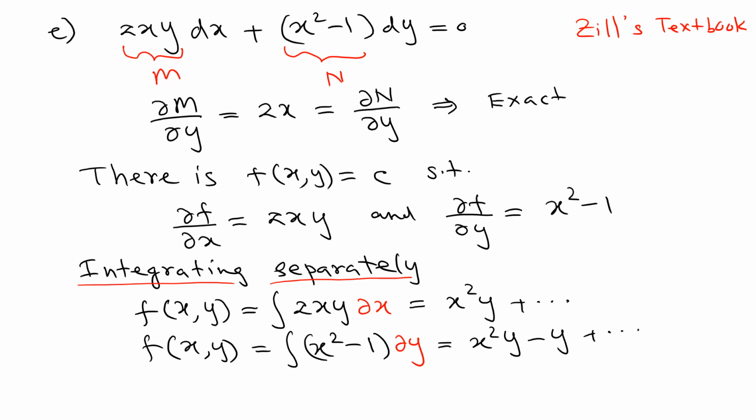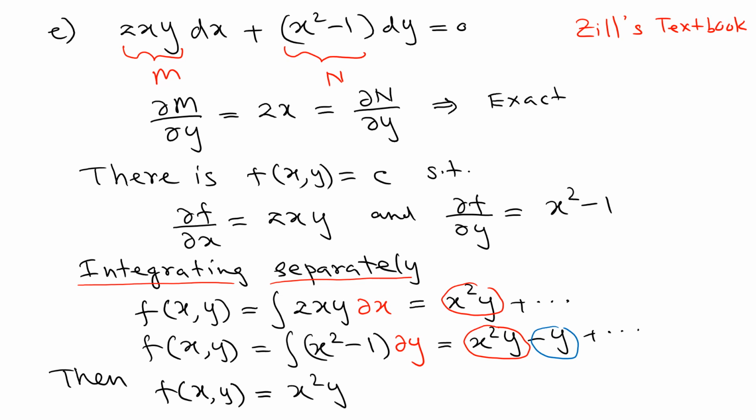You can clearly see that x squared y is the common term, so we write it once, and this is the uncommon term, we write that also once. So f(x,y) is x squared y minus y. We just set this equal to a constant. That is the implicit solution of y.